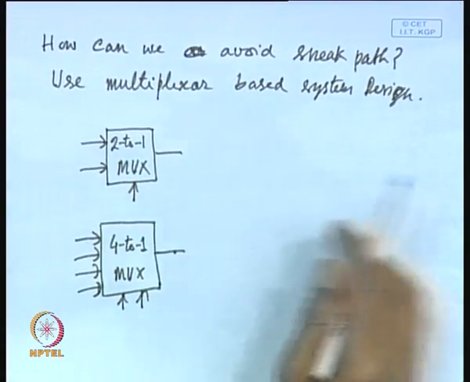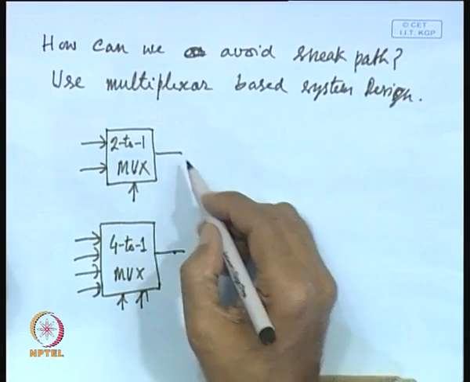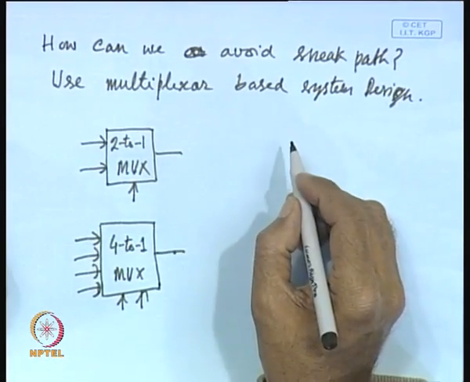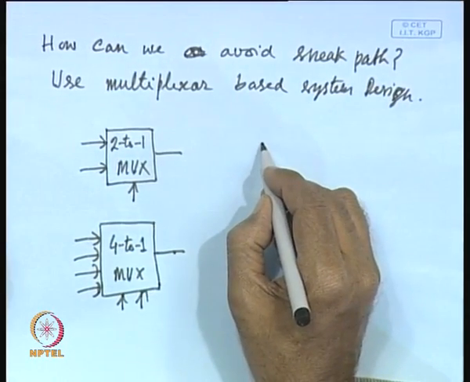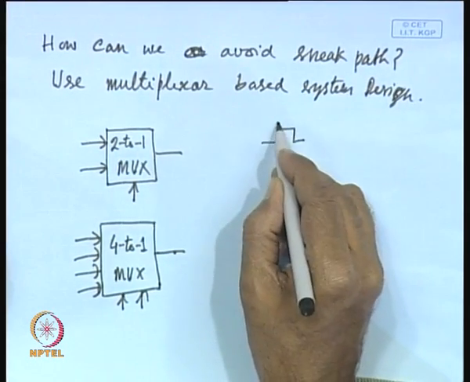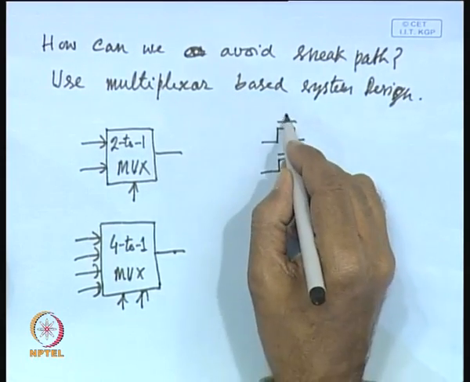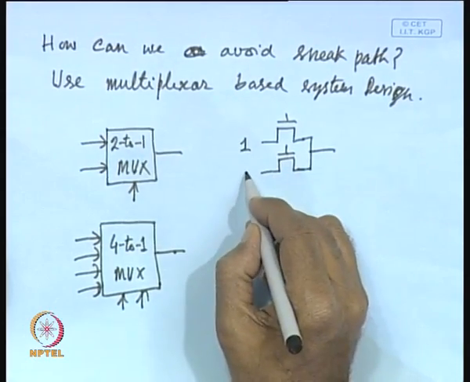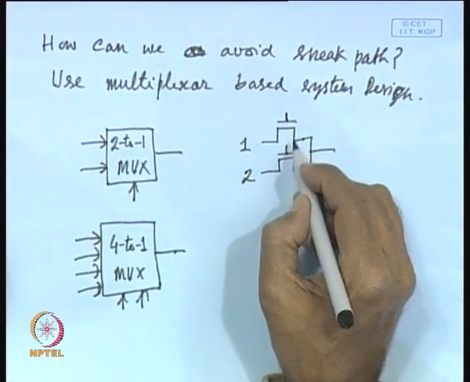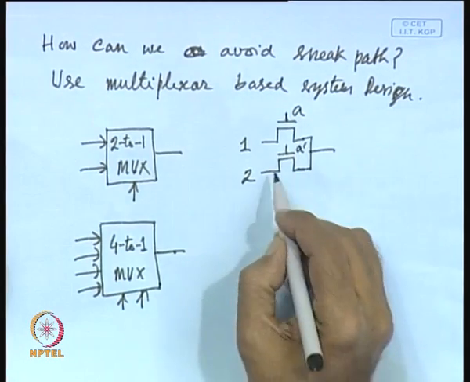How can you realize this multiplexer? You can realize a multiplexer by using switch logic, using pass transistors. For example, this particular 2 to 1 multiplexer can be realized in this way. So, this is a 2 to 1 mux. Here is the first input, here is the second input. You apply the control signal A here, and in this case apply the control signal A bar.